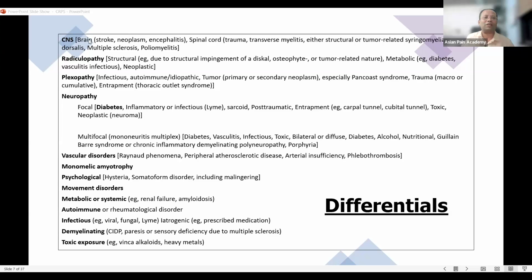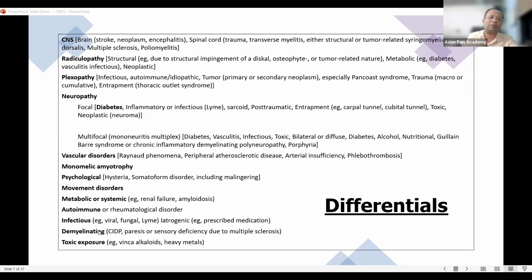Okay, so you can see all these things are possible: radiculopathy, plexopathy, neuropathy. But these are all differential diagnoses. The presentation which I told you doesn't match completely with all these differentials, and we can easily identify that this is a patient of CRPS.